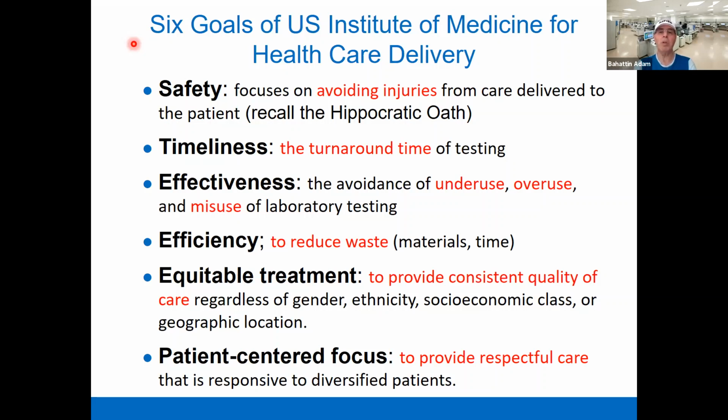And also to provide consistent quality of care, regardless of gender, ethnicity, socio-economic class, or geographic location, is one of the 6 goals of the Institute of Medicine. Okay, patient-centered focus. The satisfaction of the patients is the priority of the health providers.